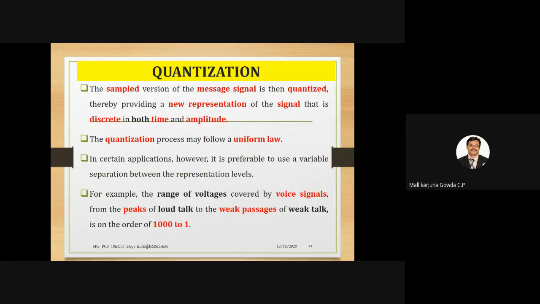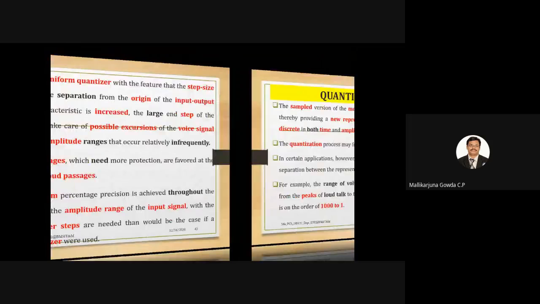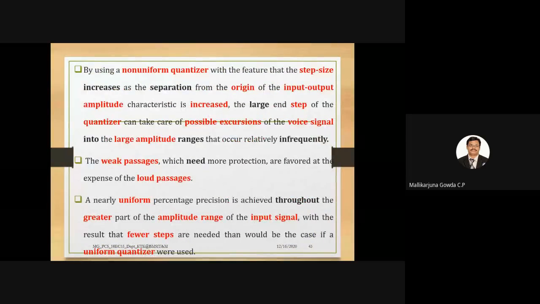There will be variation in our speech. Sometimes we talk loudly, sometimes with low pitch. So the variations will be in the order of 1000:1. Because of that, we need variations in the separation between the representation levels. That is known as the non-uniform quantizer.